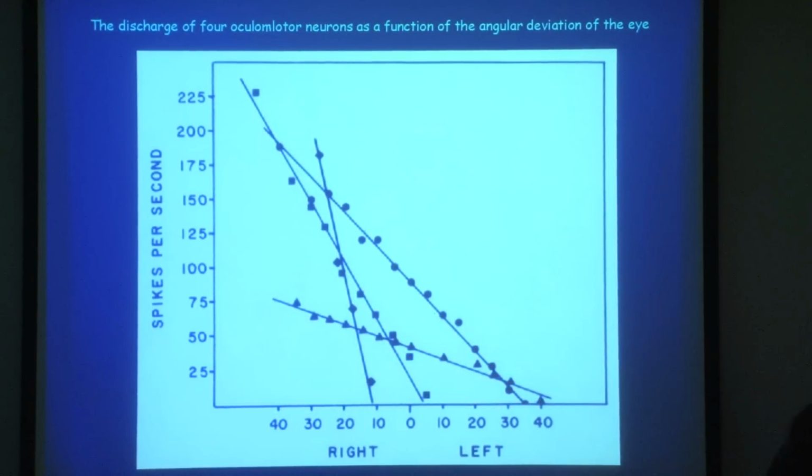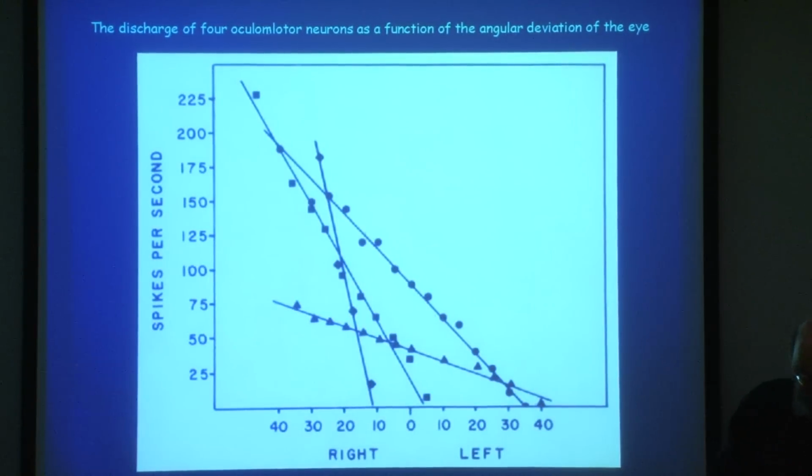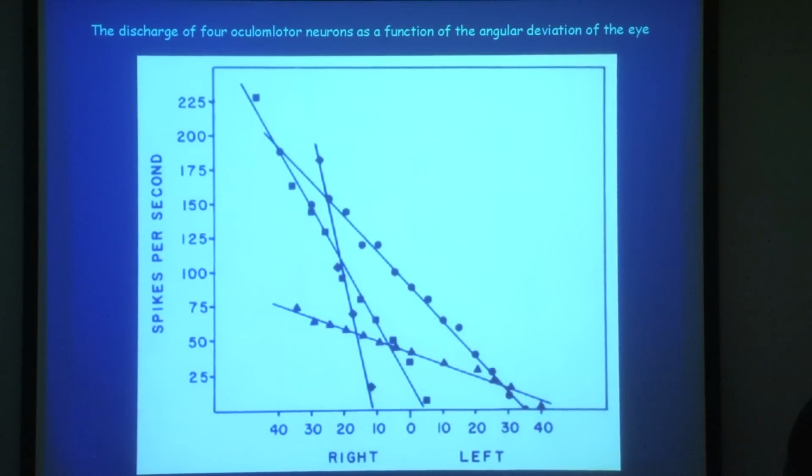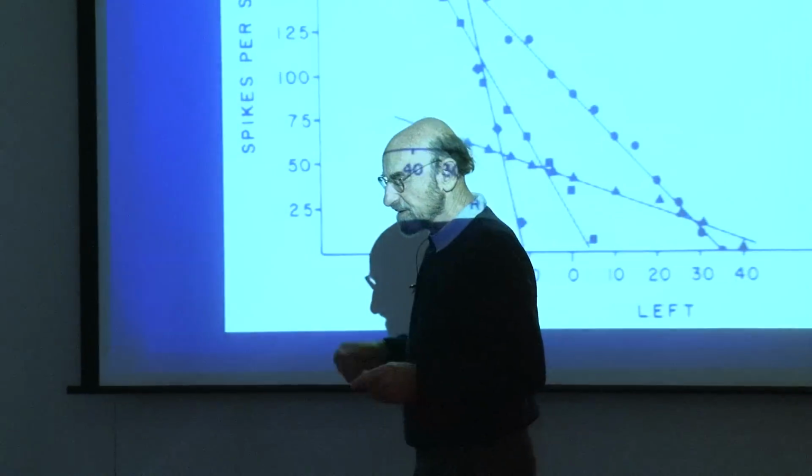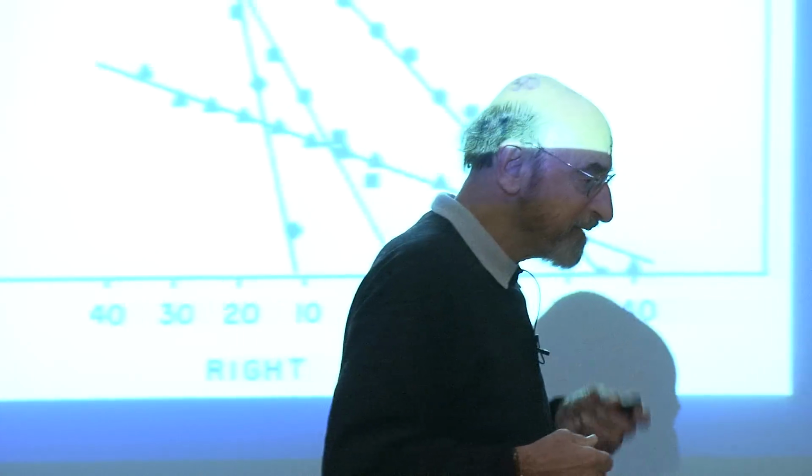So that is the basic mechanism that you see in the oculomotor nuclei. And the important thing to understand then is that the activity of these neurons is involved both in making saccades and in maintaining various eye positions. The reason I emphasize this is that maybe about 30 years ago, there was a big debate.